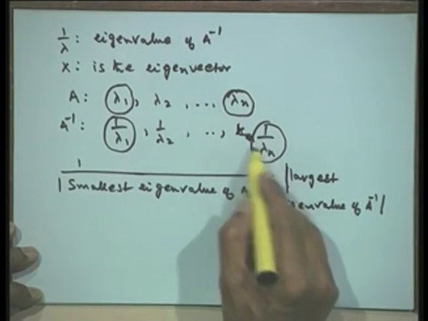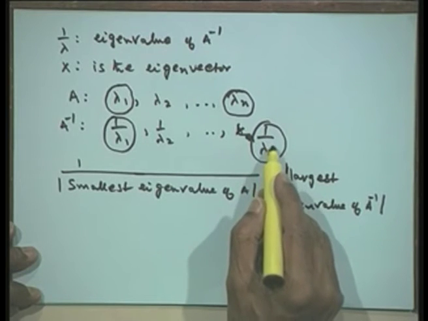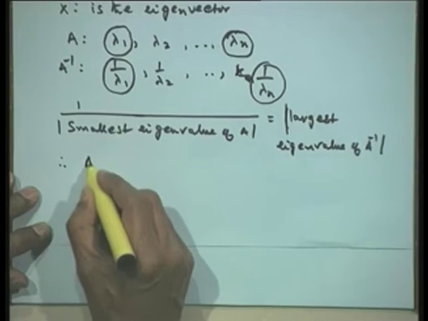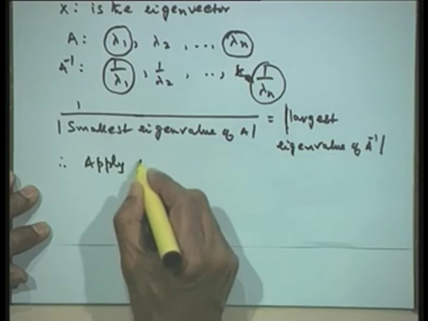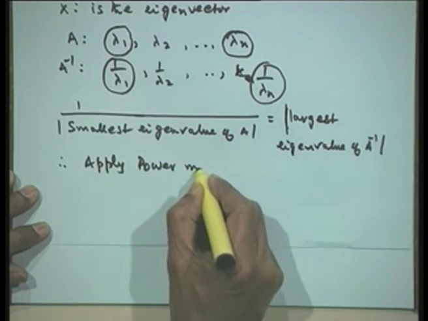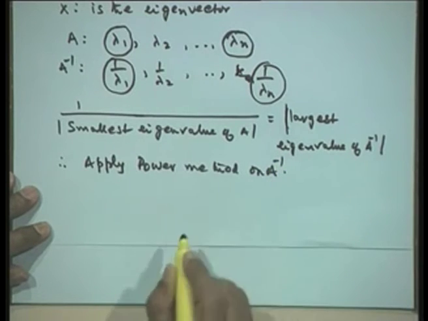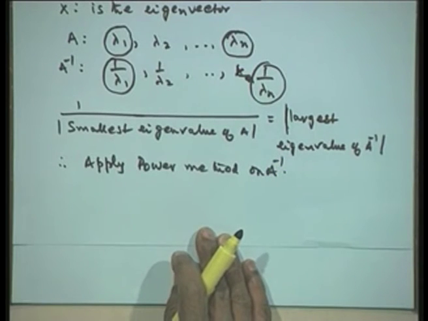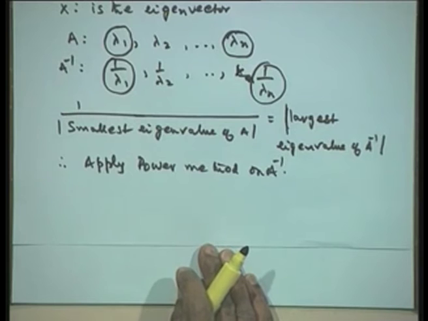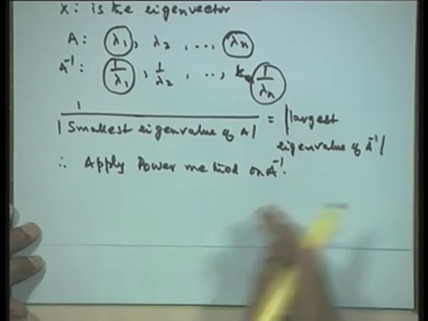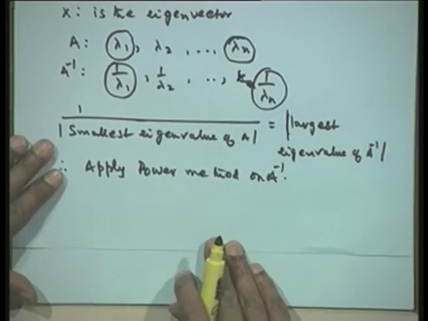So the largest eigenvalue of A inverse is 1 upon lambda n. Therefore, we conclude: apply the power method on A inverse, and this is the reason why it is called the inverse power method. We are applying the power method on the inverse, so it is called the inverse power method.